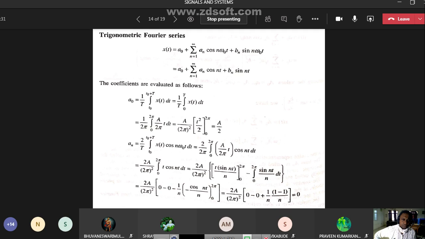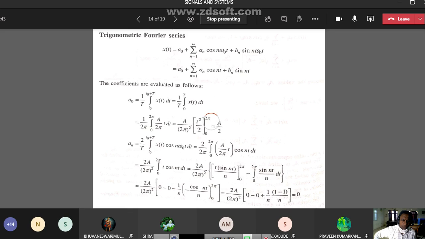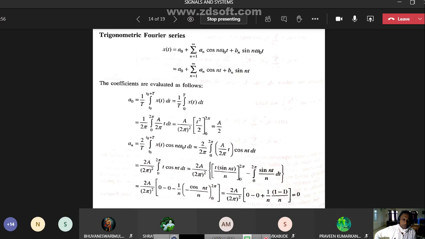Now using the uv formula, integral uv formula, we can do this. First function, integration of the second function, and the limits. So you see this is integral 0 to 2 pi t into cos nt dt.